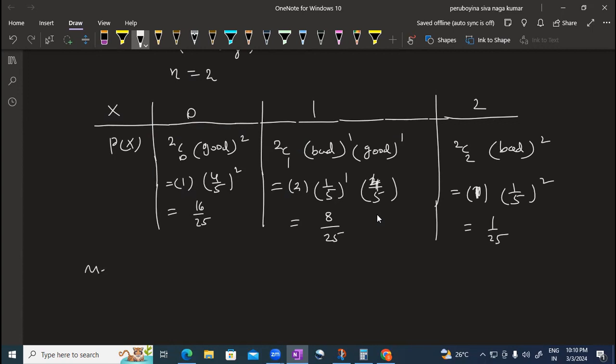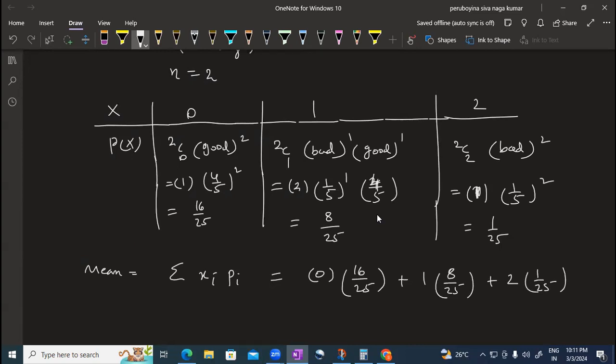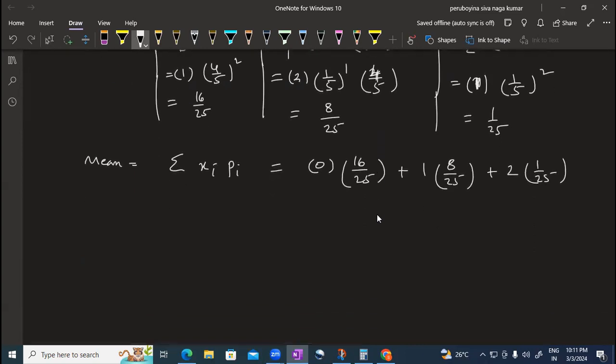Next he is asking for the mean value. So the mean is sigma xi pi. Sigma xi pi means 0 into 16 out of 25 plus 1 into 8 out of 25 plus 2 into 1 out of 25. So 0 into anything is 0.